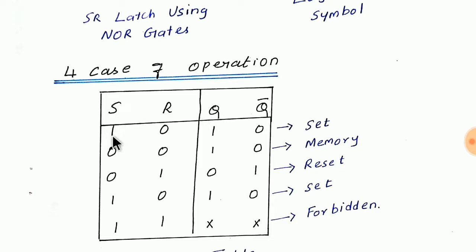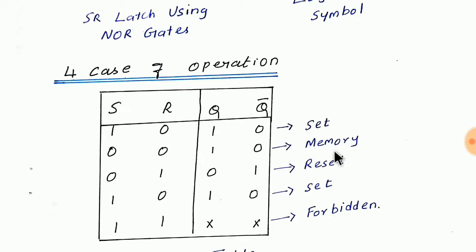Now if S is equal to 1 and R is equal to 0, then we will be getting Q as 1. When set is 1, automatically the value is set. In the same way, when both the values are 0, 0, then we will be having the previous value. That is, the previous value will be stored in memory.